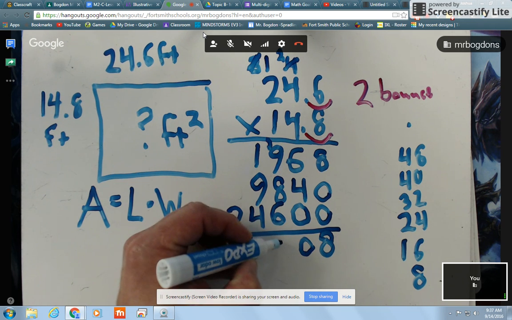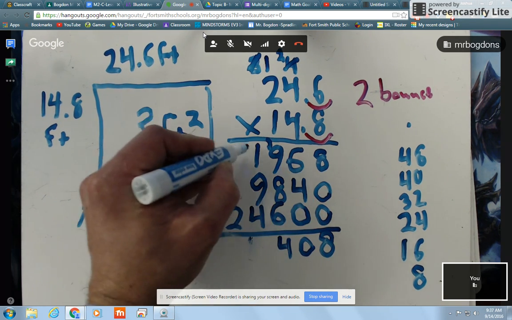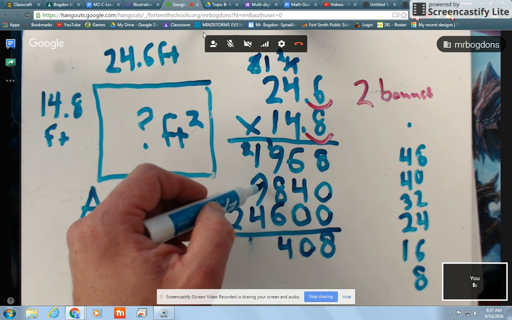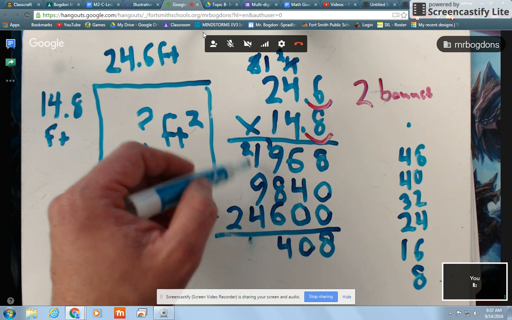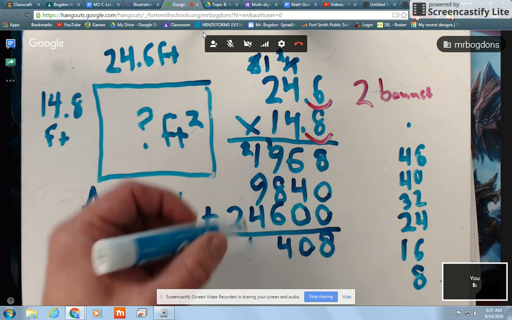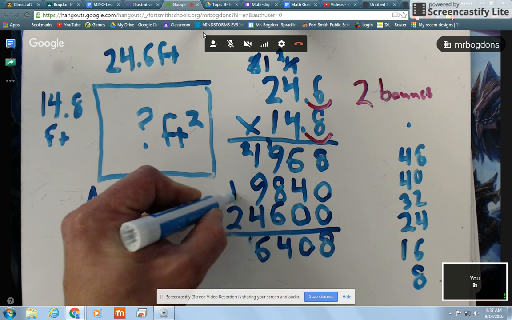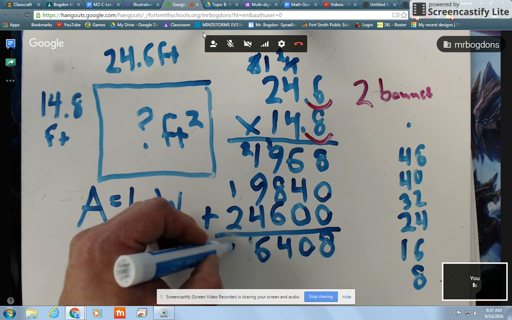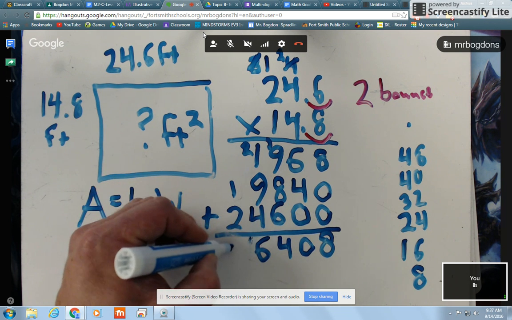You can count that on your fingers too if you wanted to. All right, so now we have 1 plus 9, 10 plus 2, plus 4. Regroup my 1. 1 plus 3. Oh, 1 plus 2 is 3.